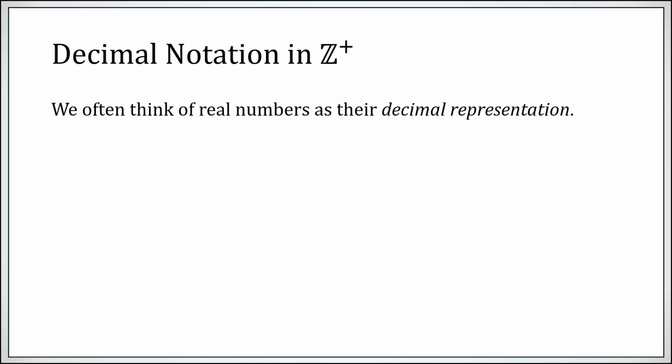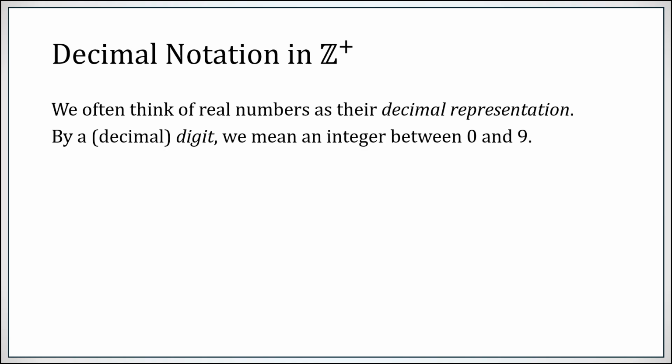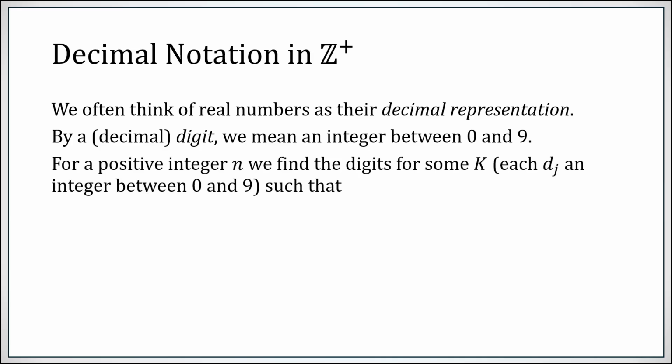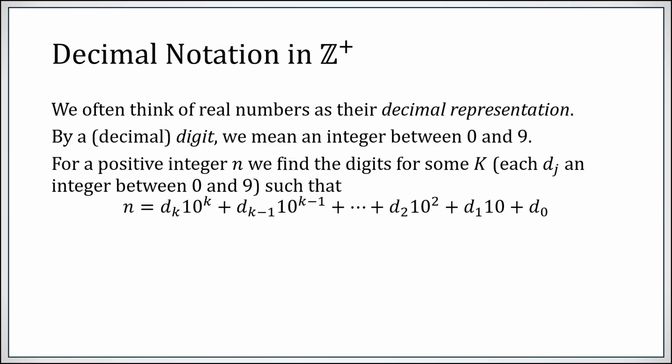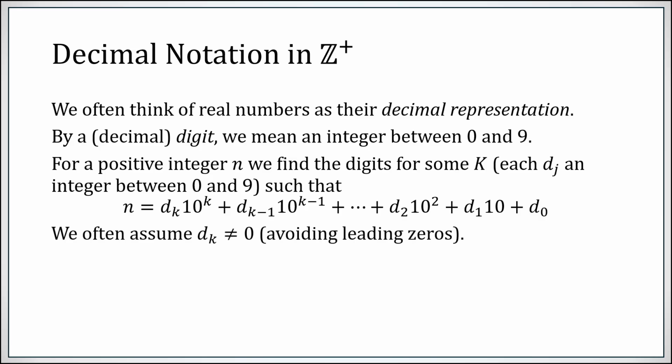Now we think of real numbers through their decimal representation, in other words, a list of digits, and each digit is something between 0 and 9, so it's a whole number between 0 and 9. For a positive integer n, we can find the digits for some capital K so that the number n is something times 10 to the k plus something times 10 to the k minus 1, and so forth, all the way down to something times 10 to the first plus some digit, and each of these digits is between 0 and 9.